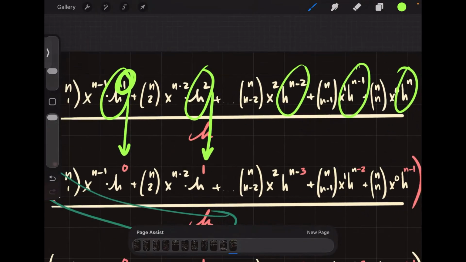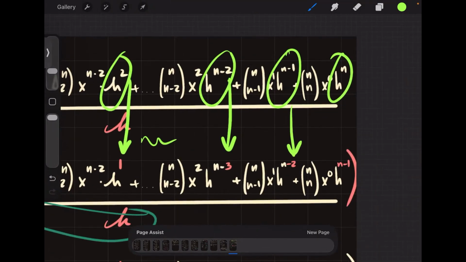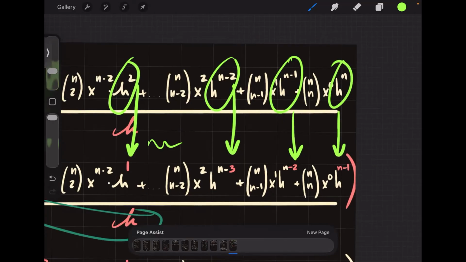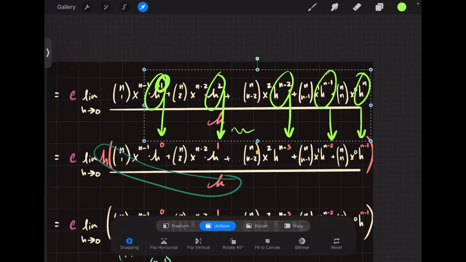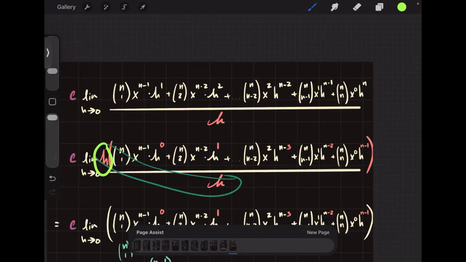This becomes h to the 1, and so on. This becomes h to the n minus 3, n minus 2, n minus 1. And then you can just say, oh, we have a factor of h here and a factor of h here. We just cross them out.